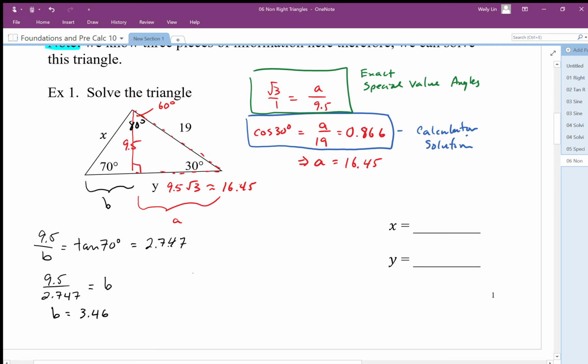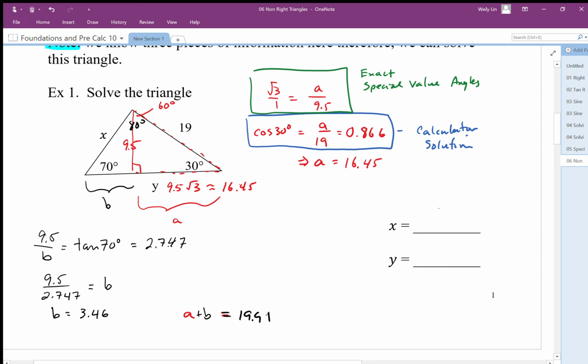So A plus B, our length of A plus B, is going to work out to our length of X. The length of X is going to be equal to 16.45 plus 3.46, which works out to be 19.907, so I'm just going to round that to 19.91.